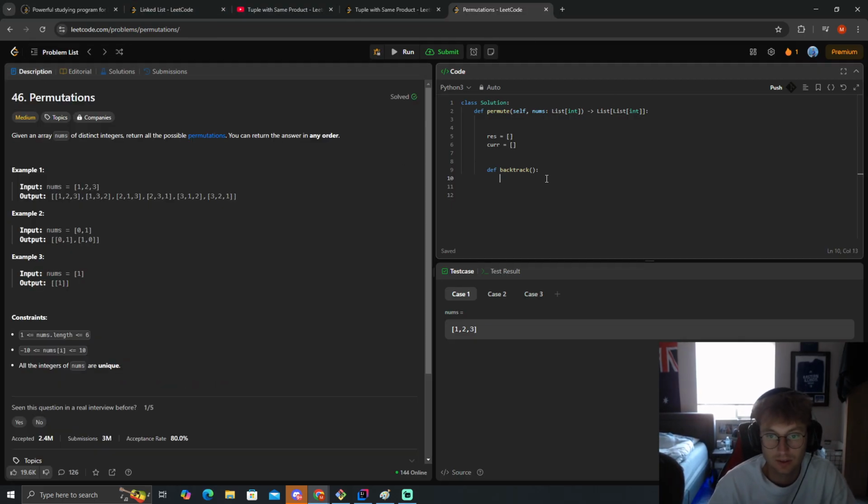We get a base case, right? So we do recursion, we get the base case, exit out of our loop. What would our base case be? What would be our base case here?